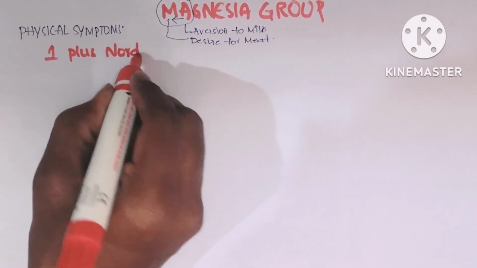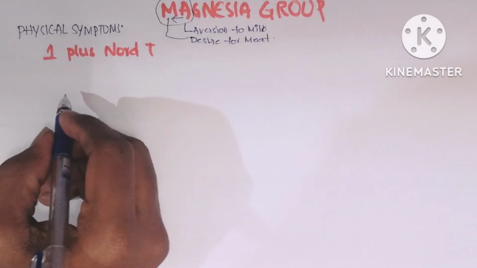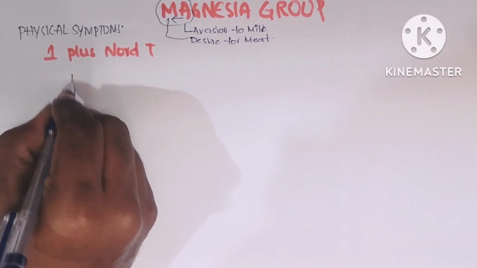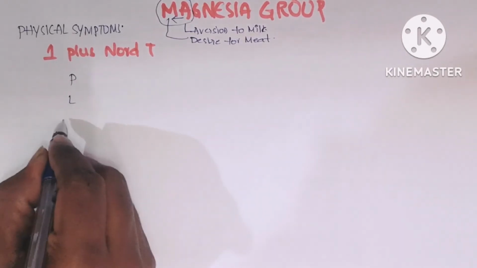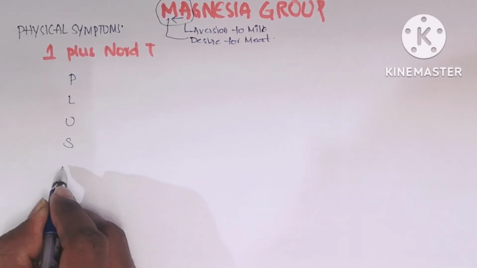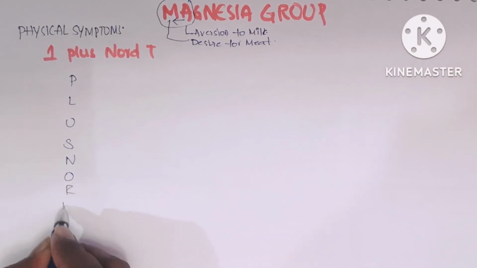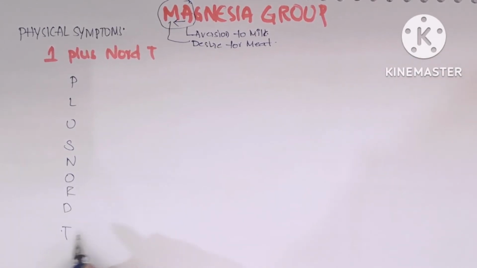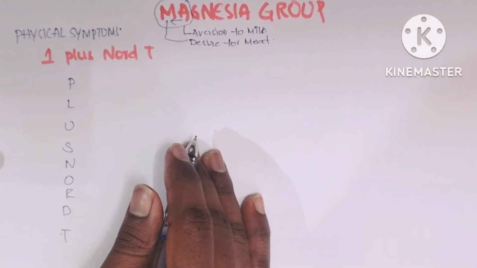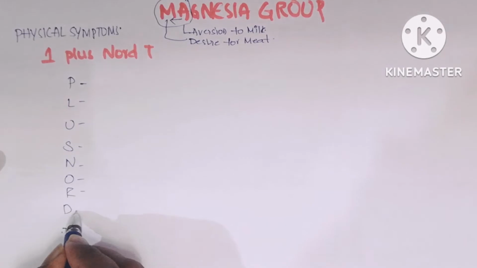Just remember a mobile name, OnePlus Nord T. Magnesium group, two mnemonics: for mentals, PARENT; for physicals, OnePlus Nord T. If the magnesium group asks for OnePlus Nord T, the parents are not giving. Like this you remember for the magnesium group.